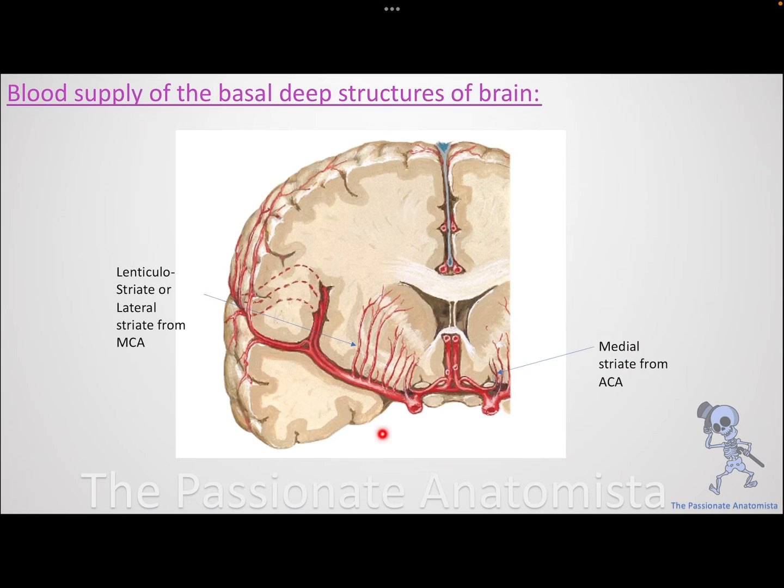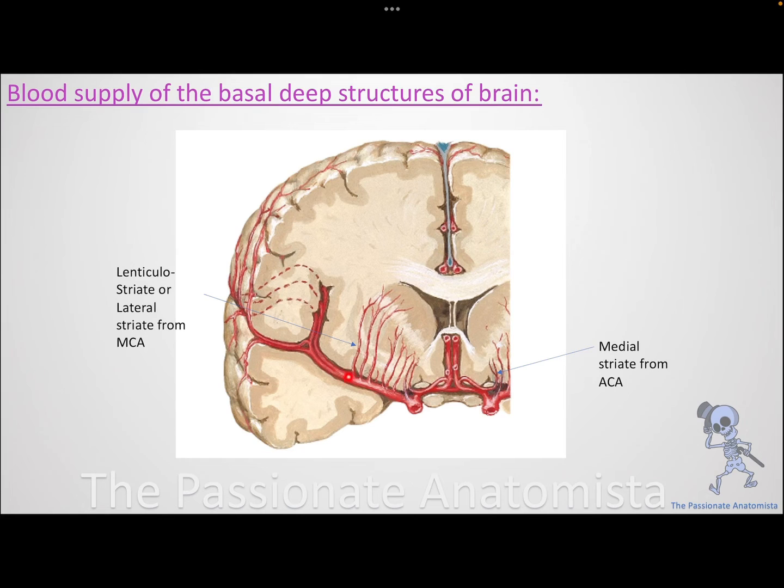Now, I have another story also with the ACA and MCA, the anterior cerebral arteries and the middle cerebral arteries. Actually, you guys, the middle cerebral artery is the most important blood supply. It gives everything outside.